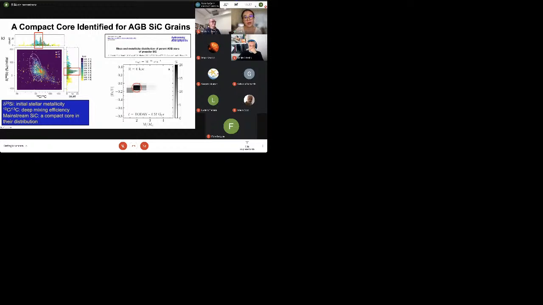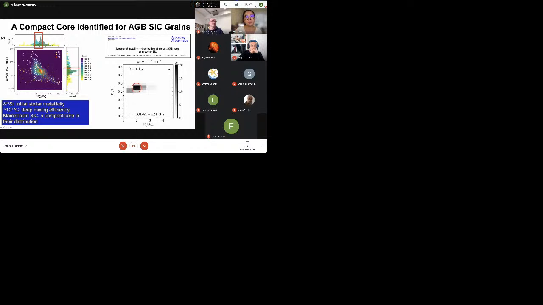What I want to highlight here is that the coupled model predicts that about half of the solar system silicon carbide grains should have come from parent AGB stars of about two solar masses with slightly subsolar metallicities.